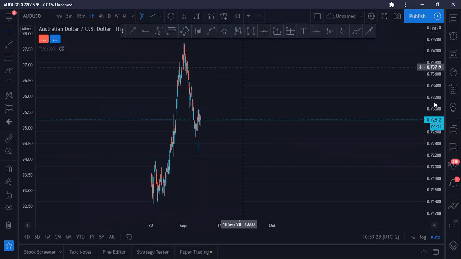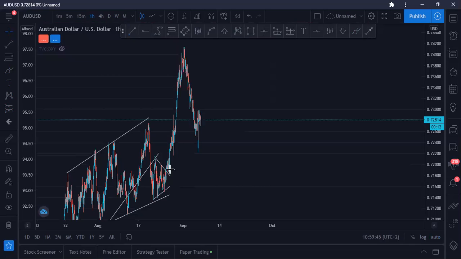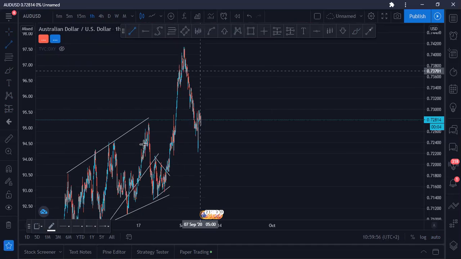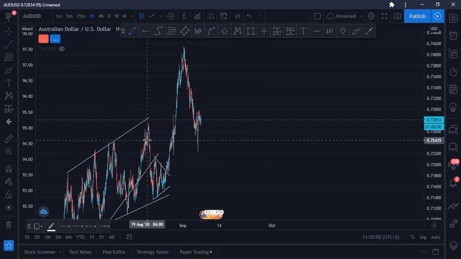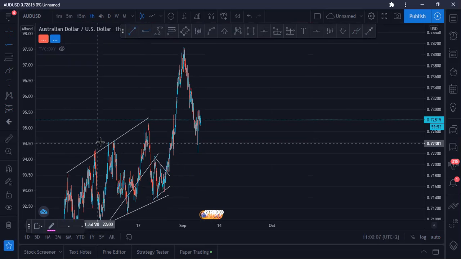So we have this really nice triangle here. As you guys can see, we had this triangle pattern here, and then we literally flew off to the top. So what we're expecting to see right now is some sort of continuation pattern to the upside. Let me draw these pivot points here.